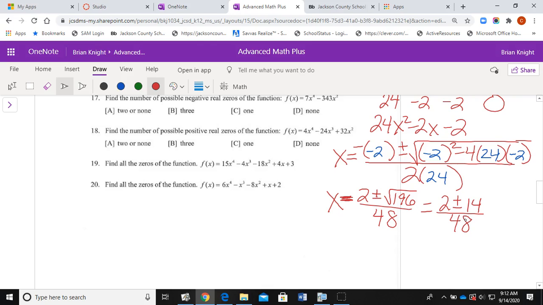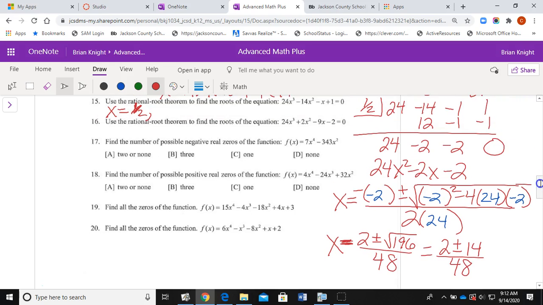Here we go. So 1/3, and then we do 2 minus 14 over 48. You should get negative 1/4. Those are your 3 rational roots: 1/3, negative 1/4, and 1/2.